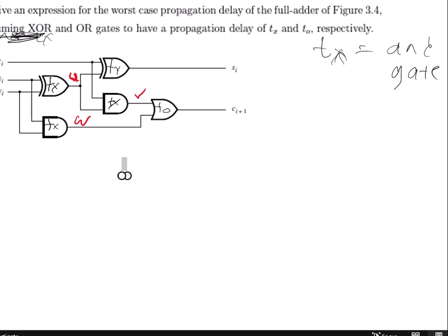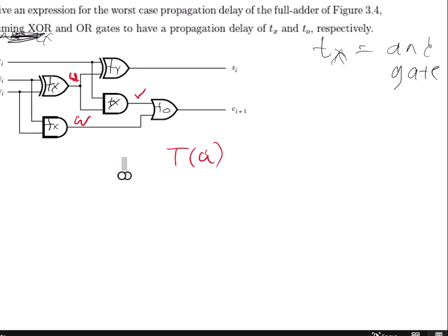So the time at U, and we're looking at what the maximum time would be, now we assume that wires have no time. So it would be the maximum of the time for this signal and that gate, but we assume the wires don't take any time.